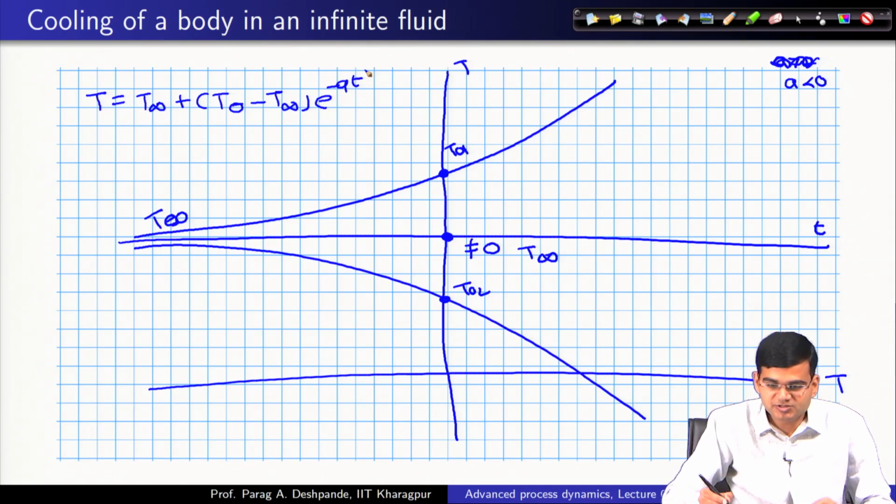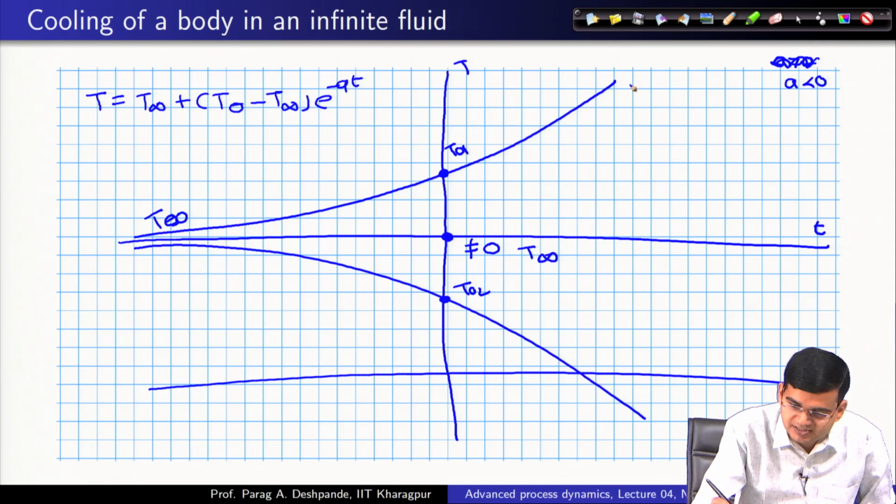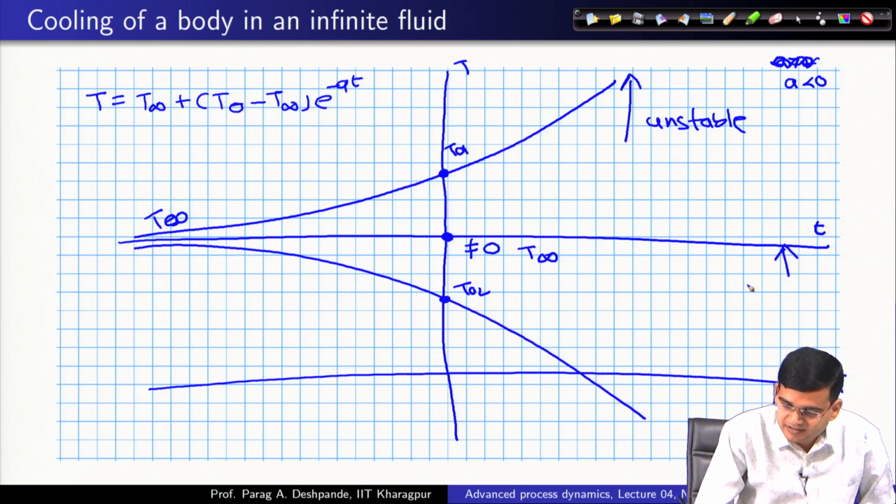And therefore, what you see is that there is a divergence. So, the system is unstable, this equilibrium solution is unstable.